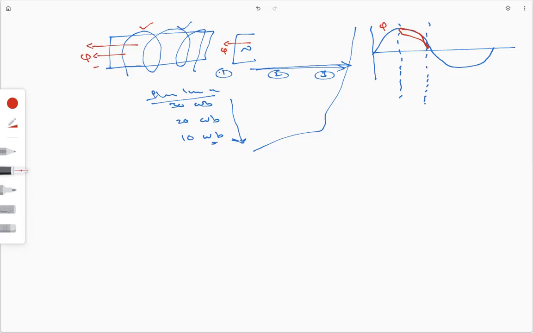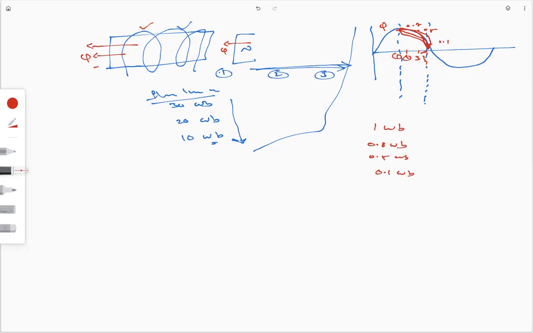So when flux is changing from position 1 to position 2, position 3, position 4: position 1, 1 Weber; position 2, let us say 0.8 Weber; position 3, 0.5 Weber; position 4, 0.1 Weber.